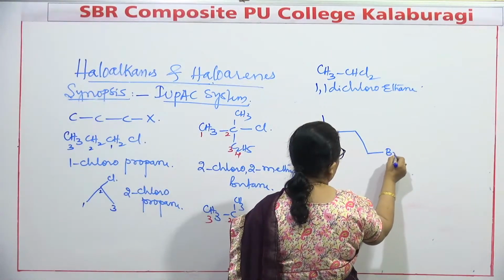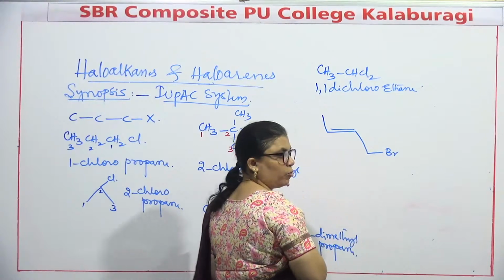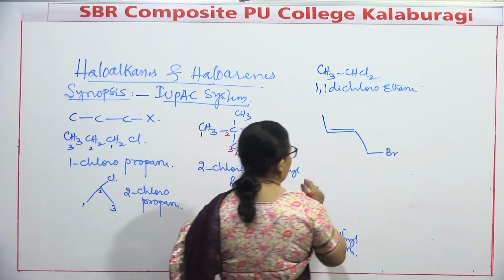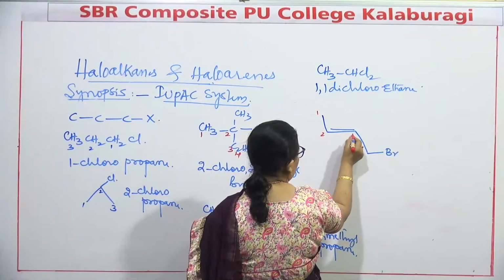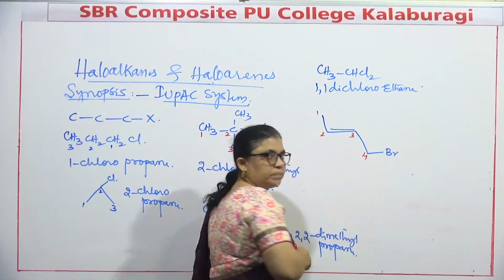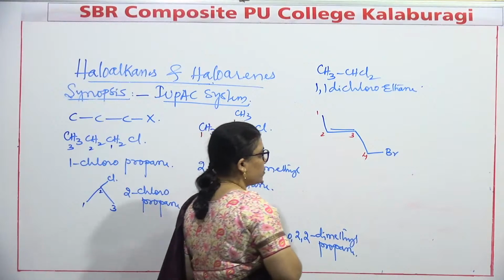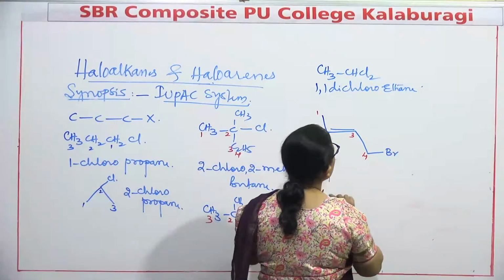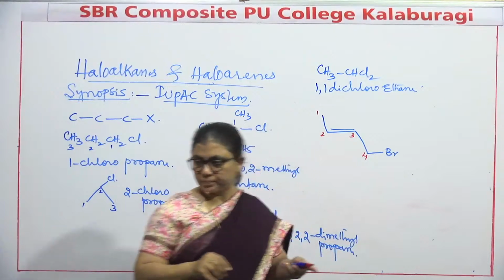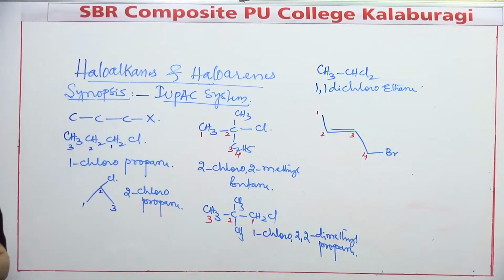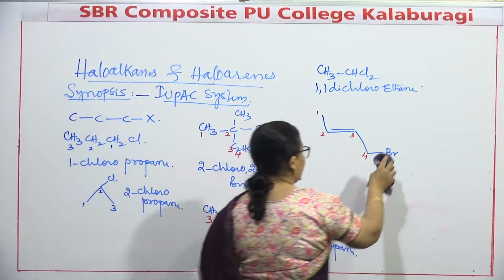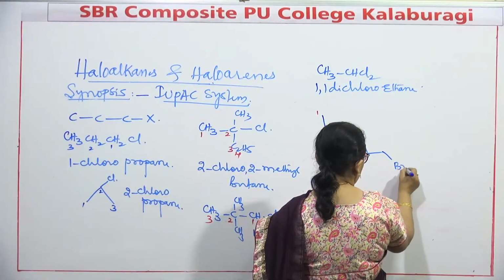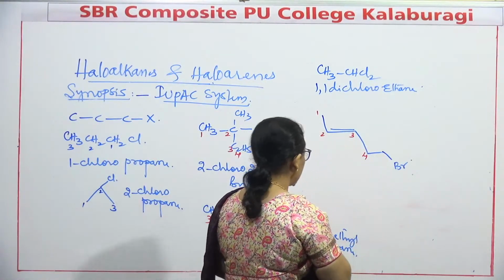this is Br containing 1 carbon. Okay, like this if it is the molecule, what to do? Carbon atom number 1, second, third, fourth carbon atom, because the 4th carbon atom is linked with Br. Because in NCERT they have given 4, that's why we are taking 4. Okay, 4 carbon atoms are there.